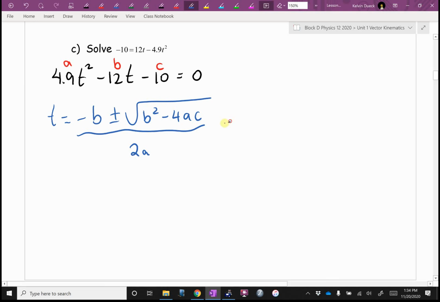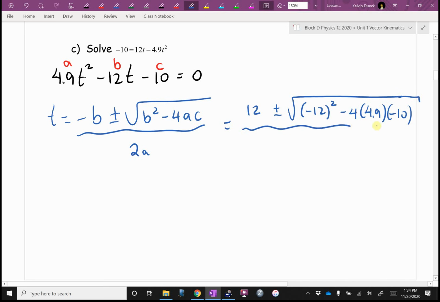So negative b, I guess positive 12, plus or minus the square root of negative 12 squared minus 4 times 4.9 times negative 10, all over 9.8.